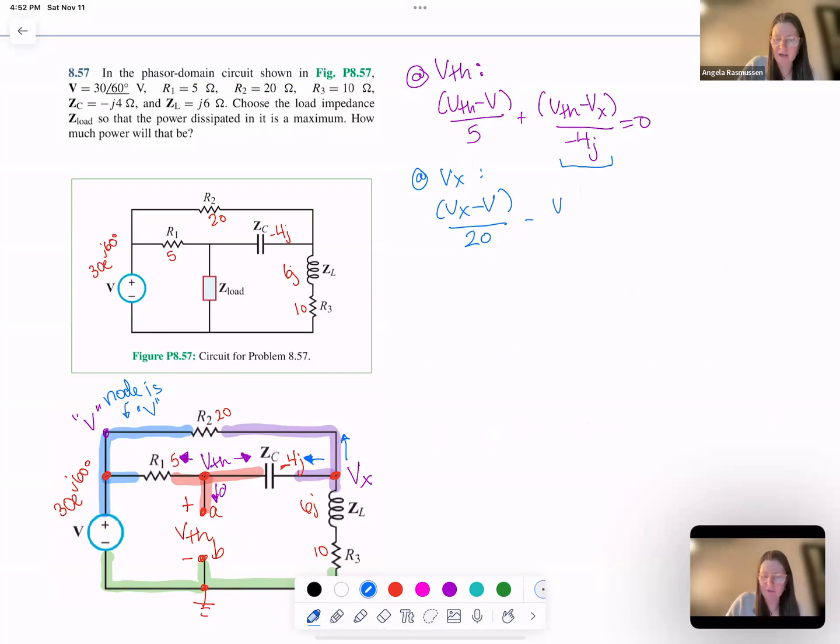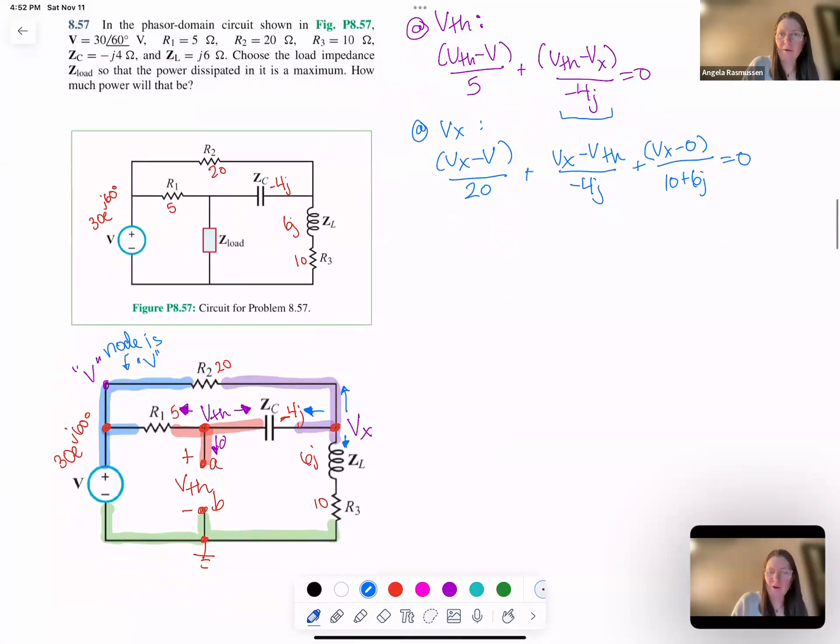I start with Vx, and I add all of mine because I'm going outwards from the node. So (Vx minus VTH) over minus 4j, which you can see is the same, just a minus of that. And then the current going down is (Vx minus 0) over the summation of those, 10 plus 6j, equals 0.